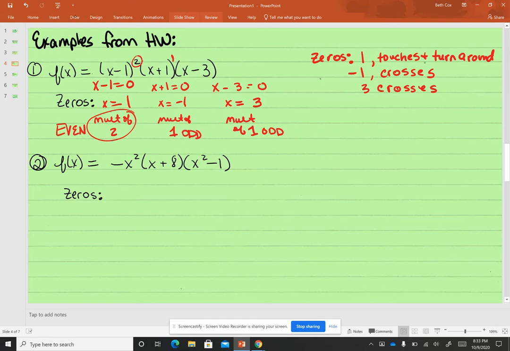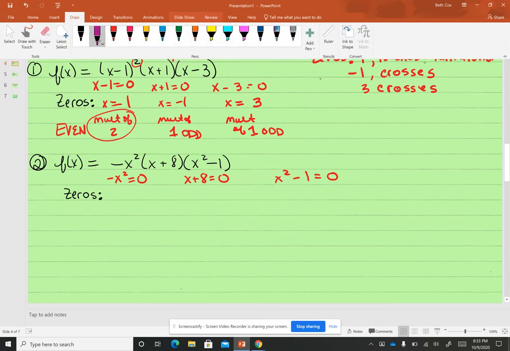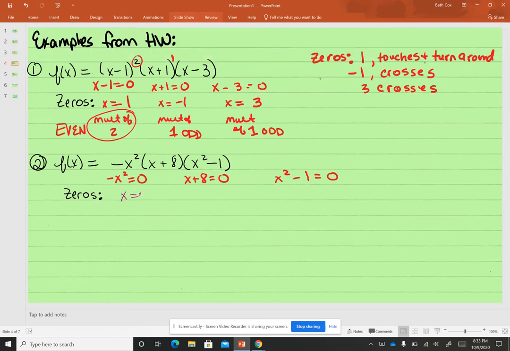All right, so now this one, we have -x² equals 0, x + 8 equals 0, and x² - 1 equals 0. Okay, so now the first one, if I set it equal to 0, square root, divide by negative, we're just going to get x equals 0. This one's going to give me x equal -8. Now this one is multiplicity 2.